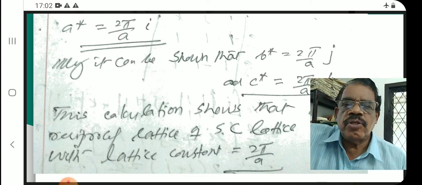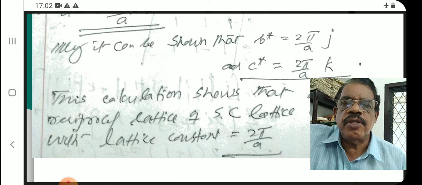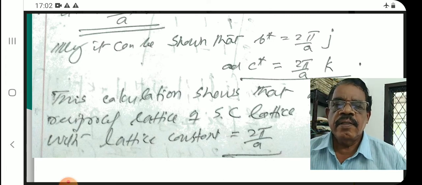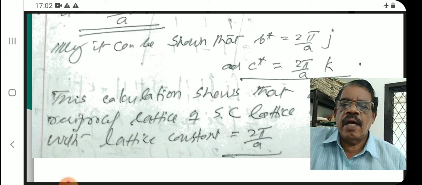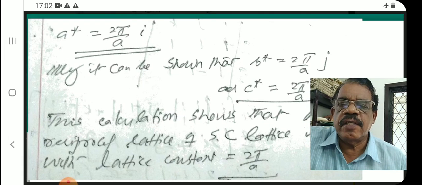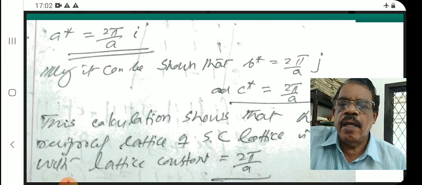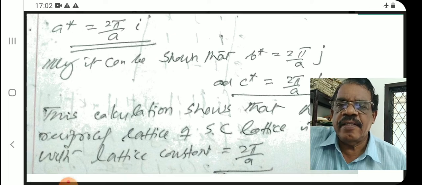Similarly, it can be shown that b star is 2 pi by a into j, and c star is 2 pi by a into k. These are the translation vectors, the vectors in reciprocal lattice of SC.